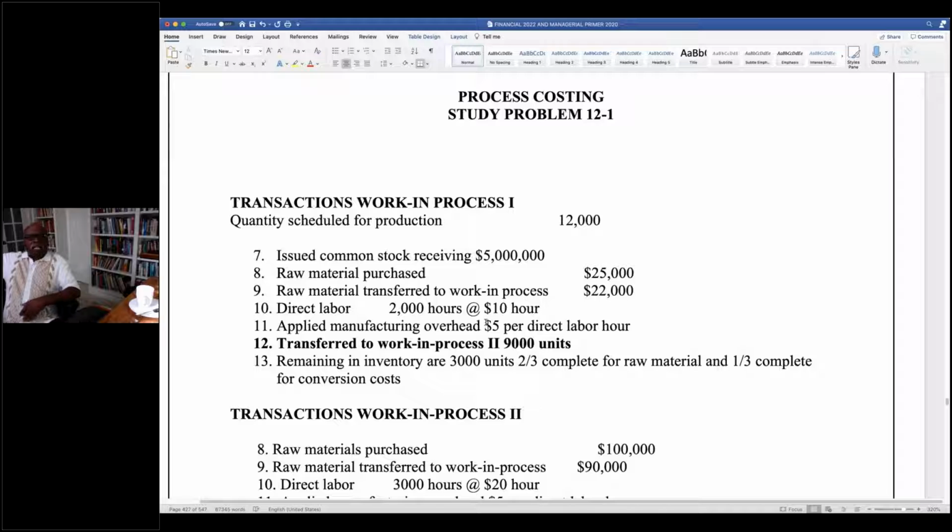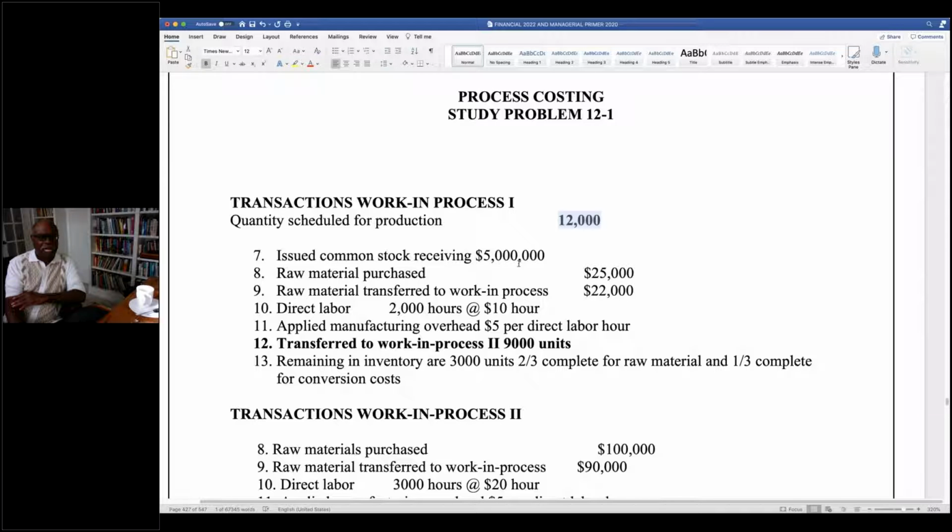Okay, here we have process costing study problem 12-1. In this problem, how many were scheduled for production? 12,000. 12,000 was how many they're supposed to produce.